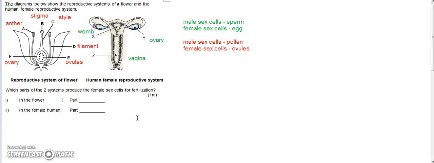In the flower, which part produces the female sex cells for fertilization? In the flower, the answer is F. The ovary produces the ovules, and in the female, the eggs are produced by the ovary too, which is Y. So very easy question.